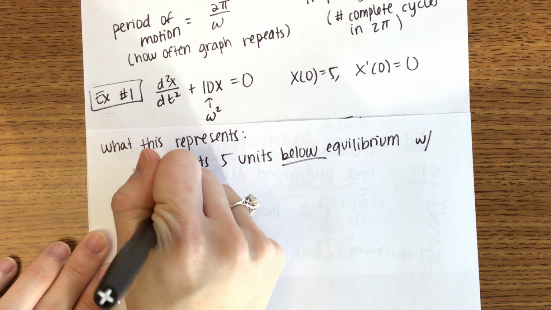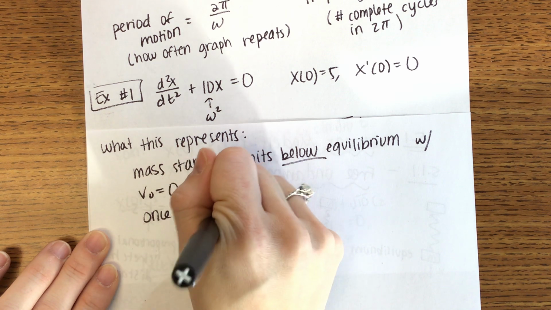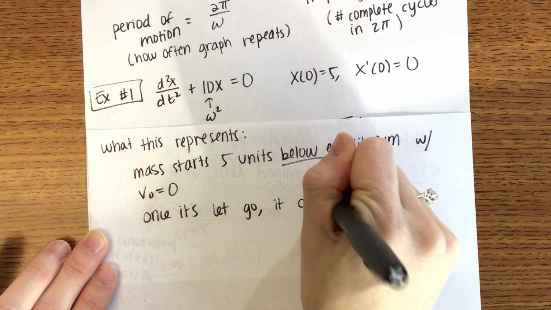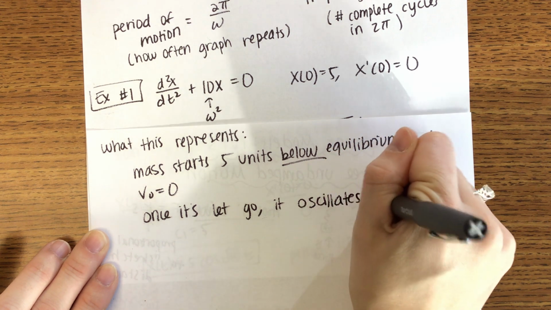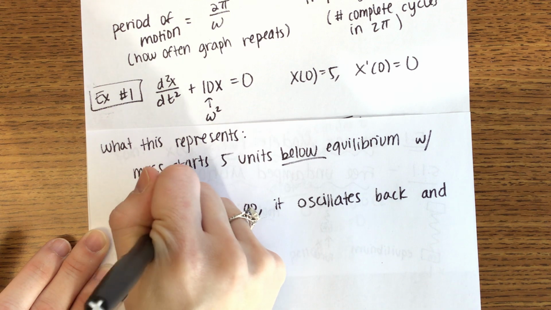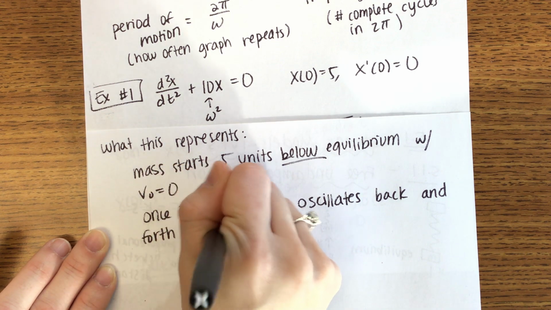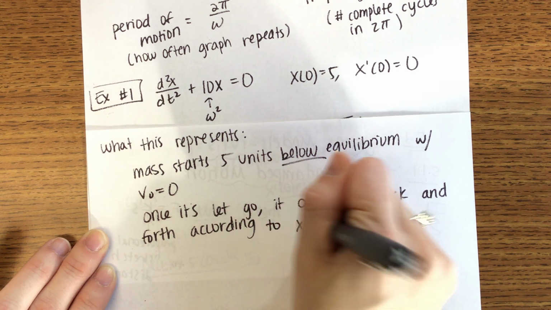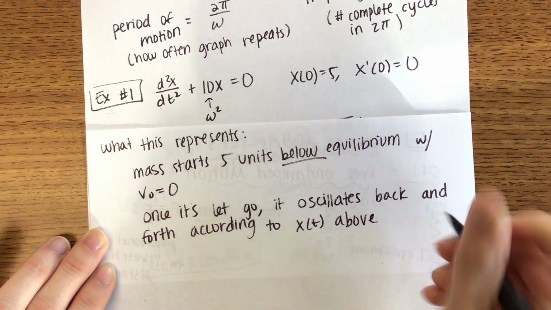Okay, so then once it's let go, the object oscillates back and forth according to x of t above.